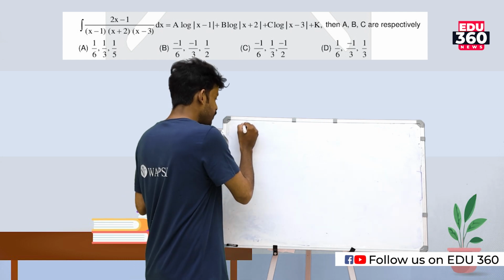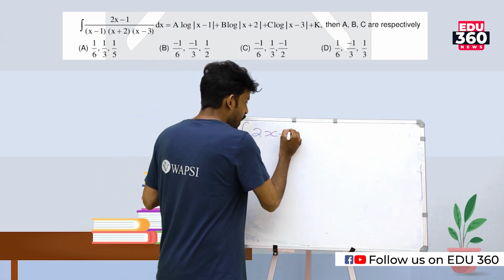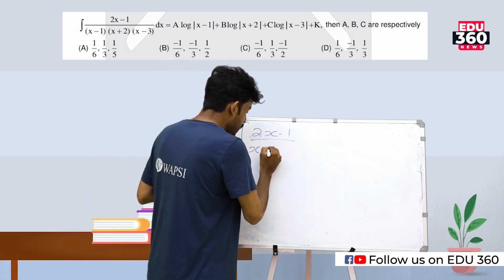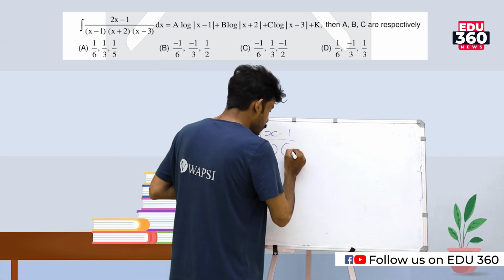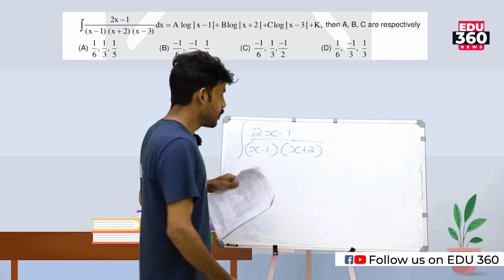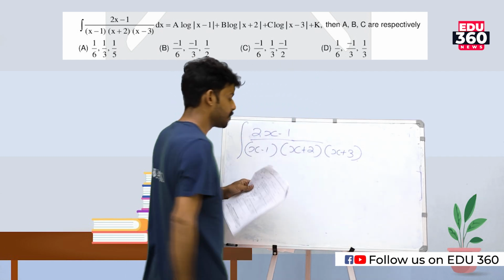So the question is the integral of 2x minus 1 divided by (x minus 1)(x plus 2)(x plus 3).